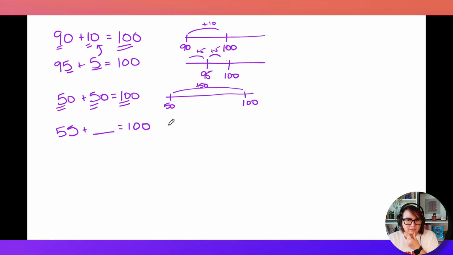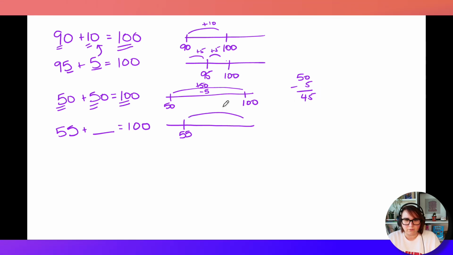Okay, can we use that thinking to figure out what 55 plus something equals 100? Well, if we add another 5 to our 50, we know that 50 plus 50 is 100. If we add another 5, we have to take away 5 from what we're adding. Well, what's 50 minus 5? 50 minus 5 is 45.